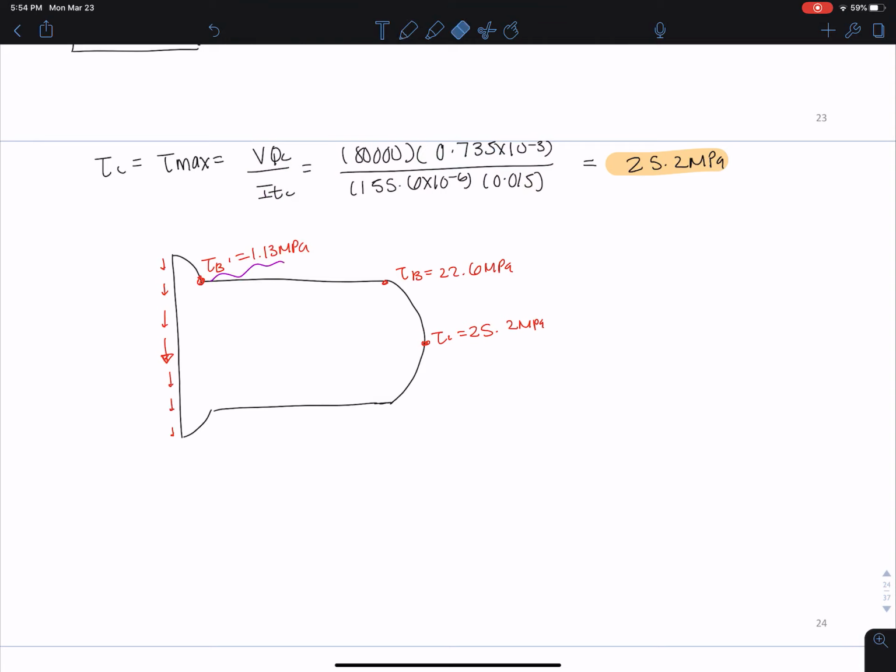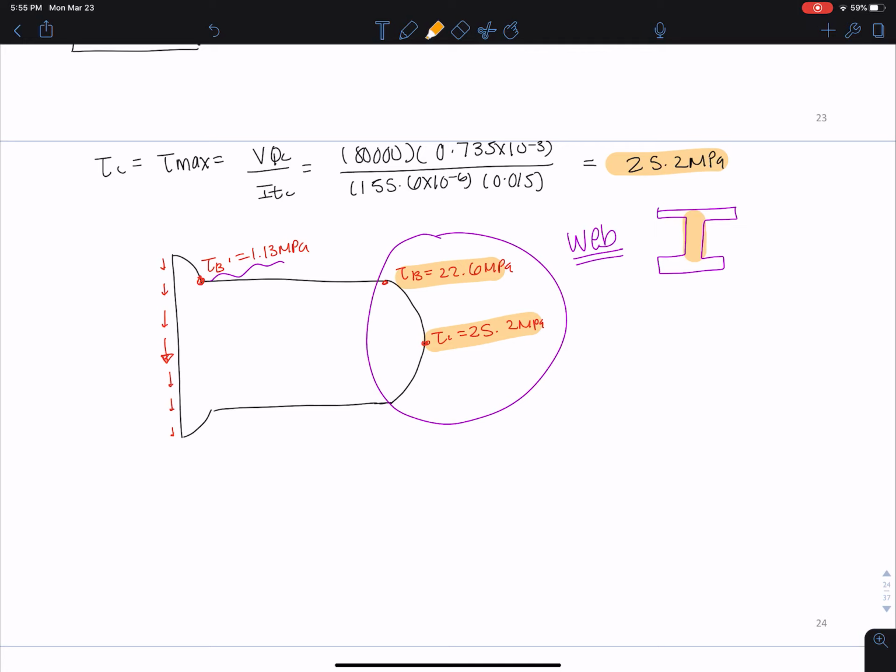We're mainly interested in what's happening in the web, in that middle portion. Let me highlight it like this. So we're mostly interested in what's happening there, and you can see that it's not varying by that much, 22.6 to 25.2.